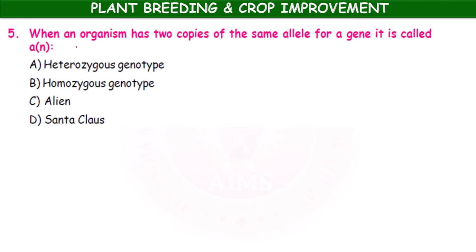B. When an organism has two copies of the same allele for a gene, it is called a heterozygous genotype, homozygous genotype, alien, Santa Claus. It is a homozygous genotype.